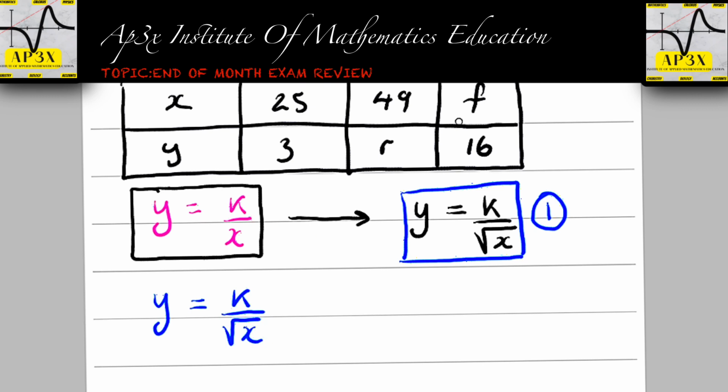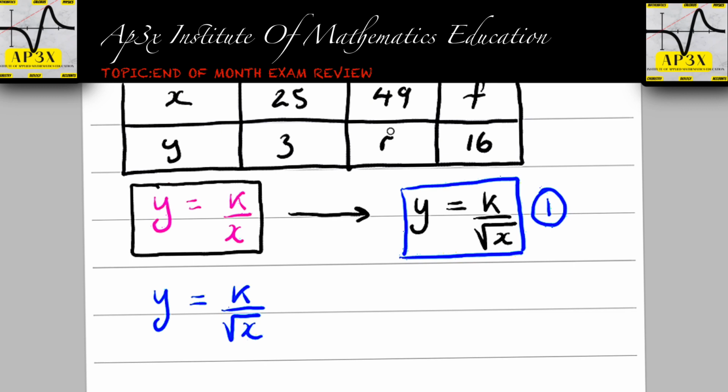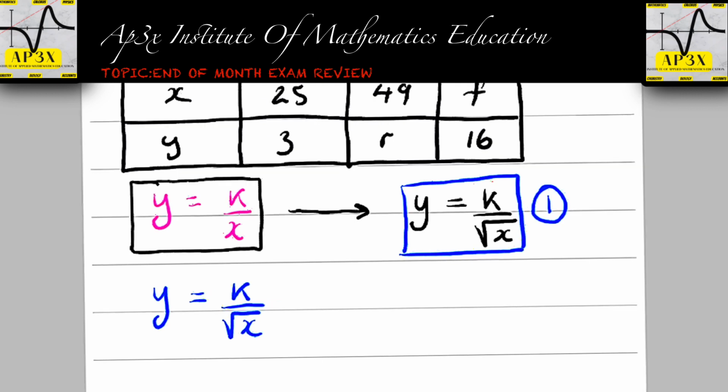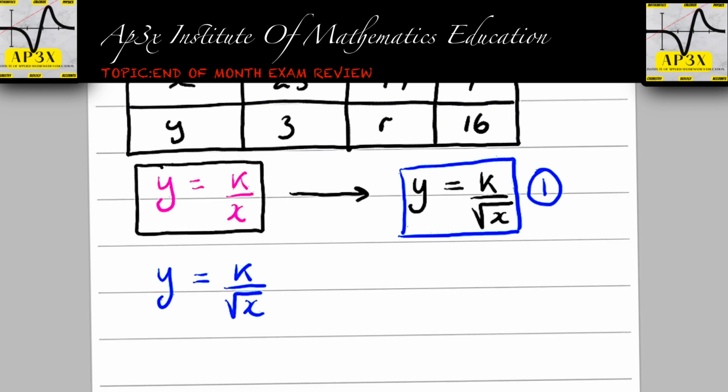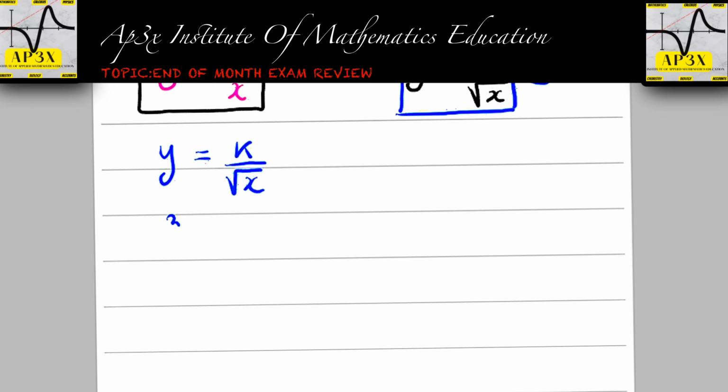And we have to look on the table now and see which column has been completed. Of course, this column here, 49 and r, is not completed. This column here, f and 16, is not completed, but this column here, 25 and 3, is completed. So we can look across and say x is 25 and y is 3. We can go ahead and say, all right, 3 is equal to k divided by the square root of 25.